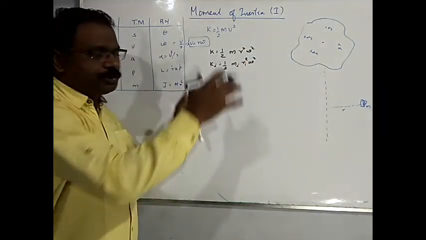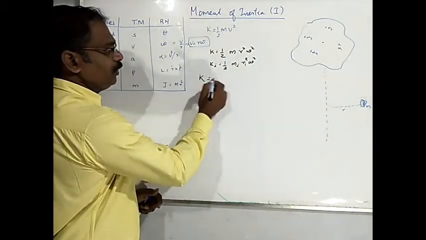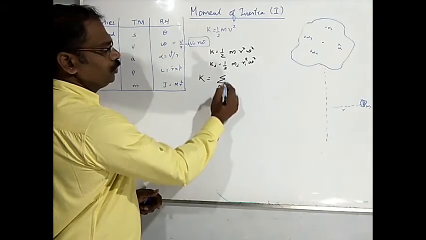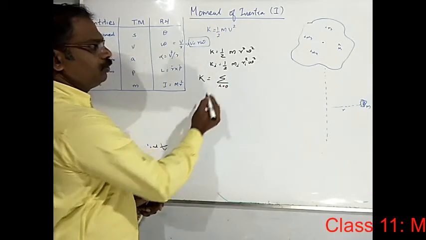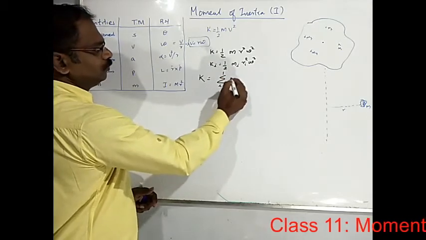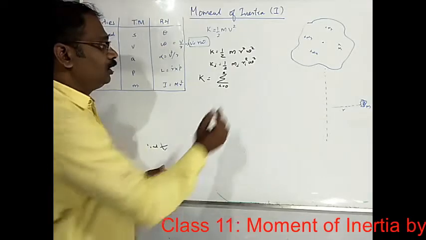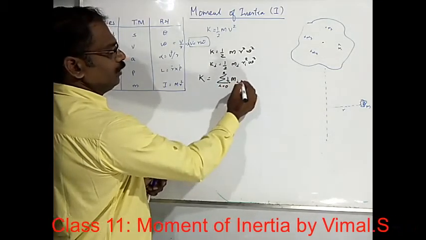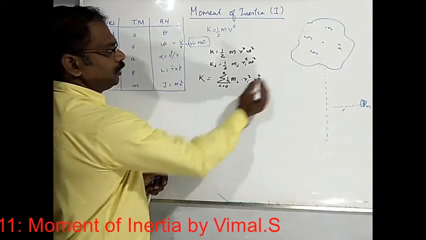So we are going to aggregate all the particles. The total kinetic energy will be the summation from i equal to 0 to n, supposing there are n number of particles, of half m i r i square omega square.